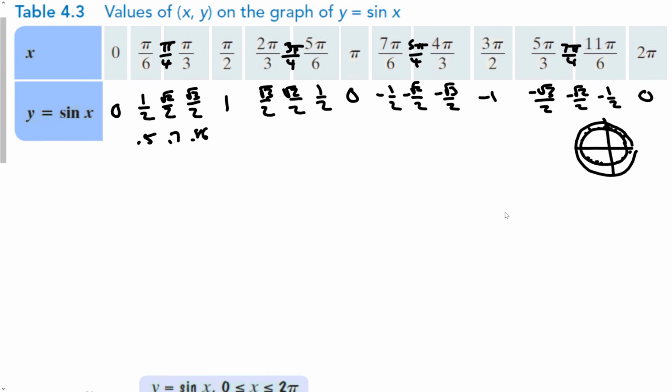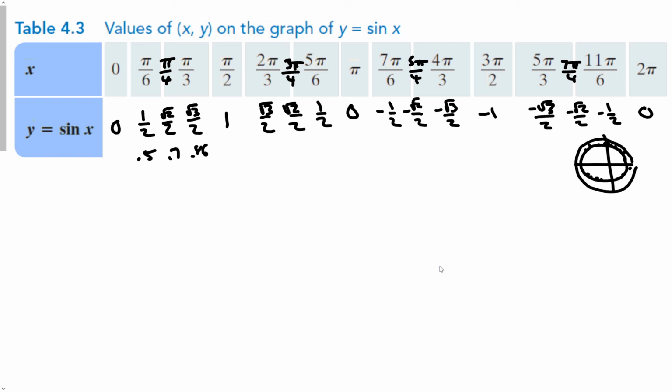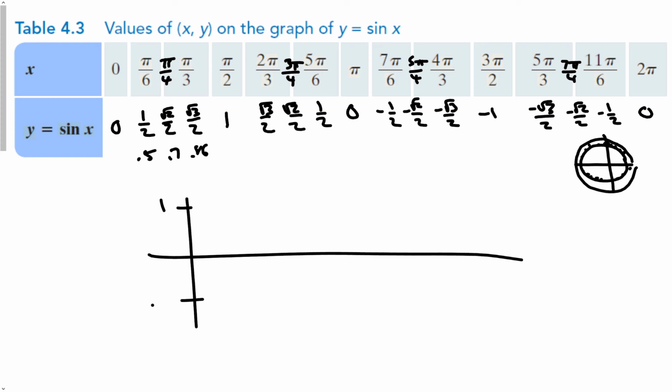All right, so if we were to now draw this picture, let's call that 1. Let's call that -1. This would be my first coordinate, 0, 0. Then the x-axis here would be labeled in terms of angles.